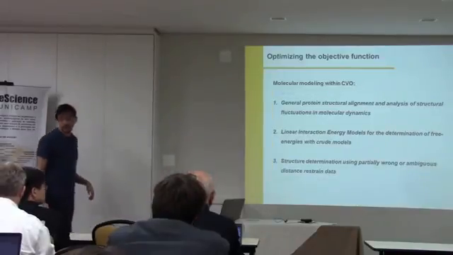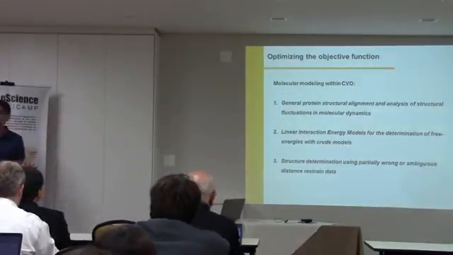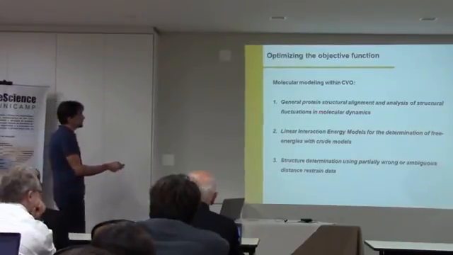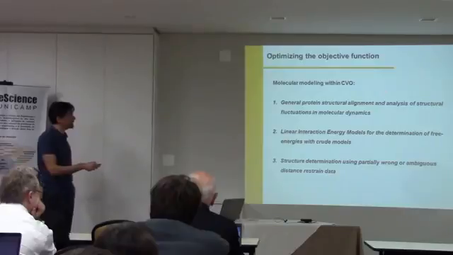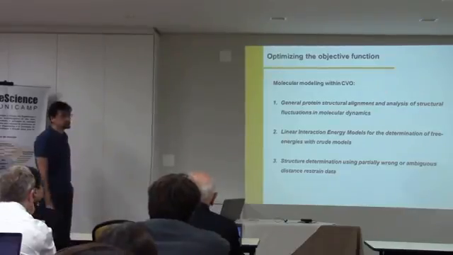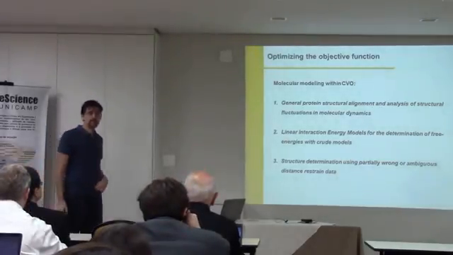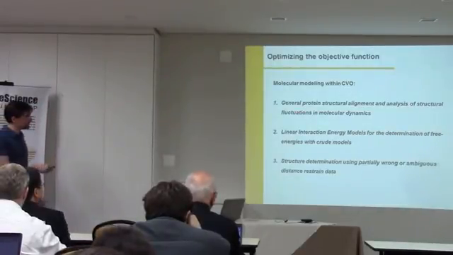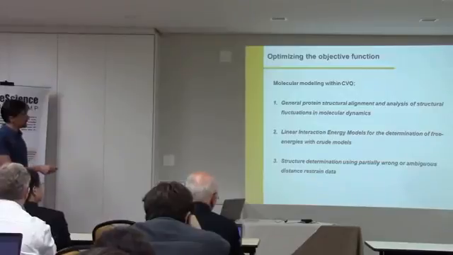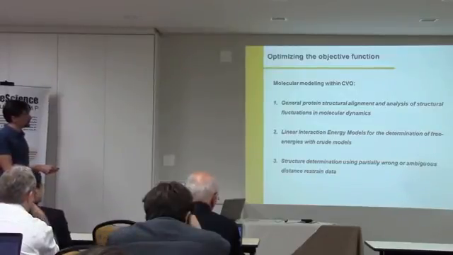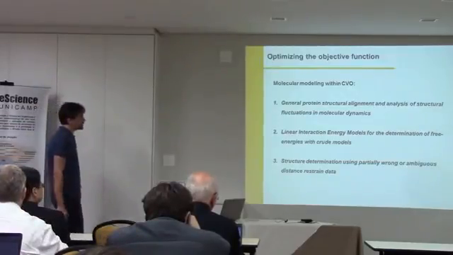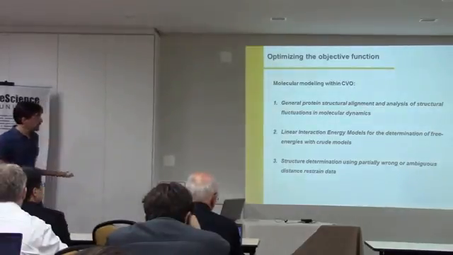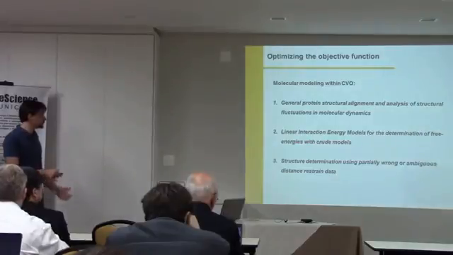So the three examples of problems that can be treated within this framework that I'm going to mention here are: first, general protein structural alignments and the analysis of fluctuations in molecular dynamics trajectories. This is a problem that can be interpreted as a concurrent value optimization problem, and the techniques are quite nice. Another problem that I will speak a little bit about is linear interaction energy models for the determination of free energies using crude models.